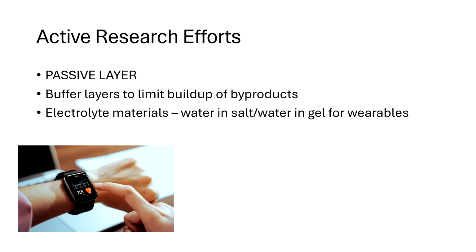Sorry. In order to limit the buildup of byproducts on the anode of calcium ion batteries, this means that the battery will last a little bit longer, along with having a little bit better cycle efficiency.